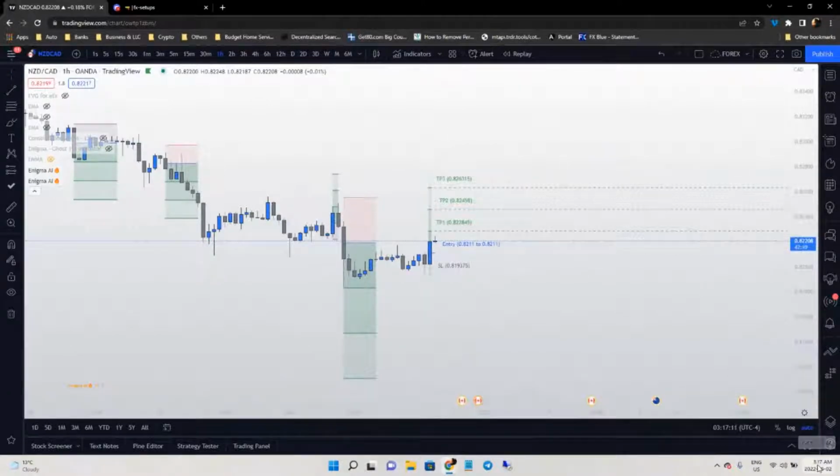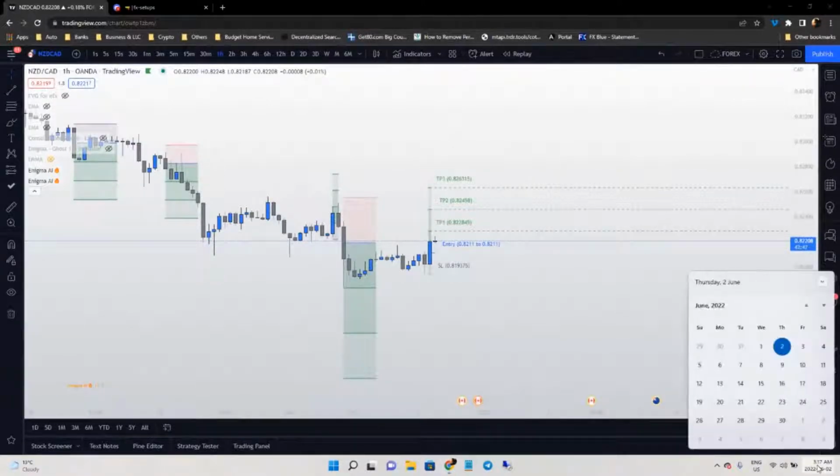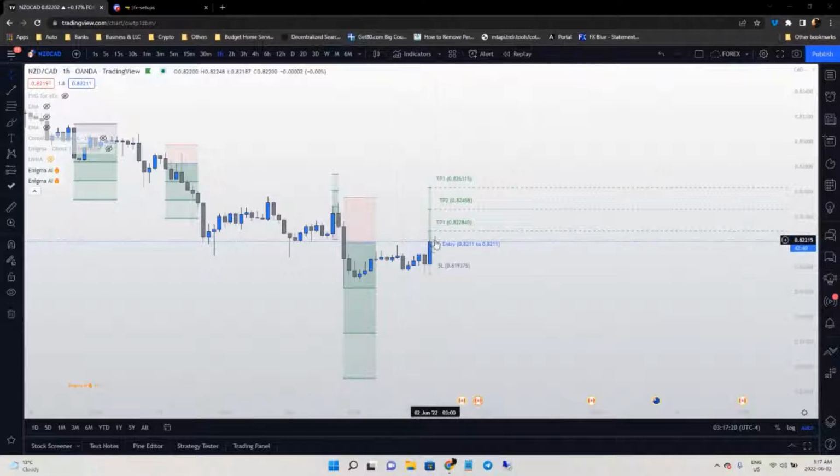Since it's Thursday and we have FOMC tomorrow, I will be really careful here on that trade. It could go up and then fake the market out and go down. But my thought here is it may go to that region at least. So maybe TP1 or half of TP2, and then maybe reverse down.